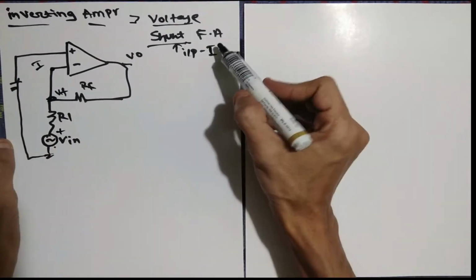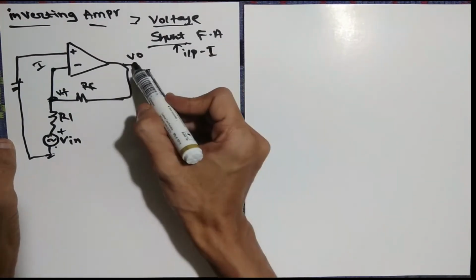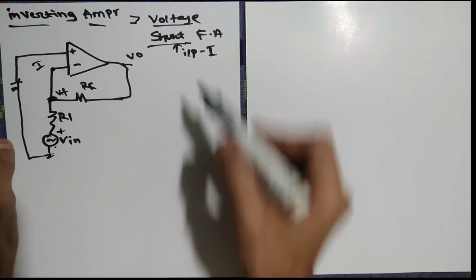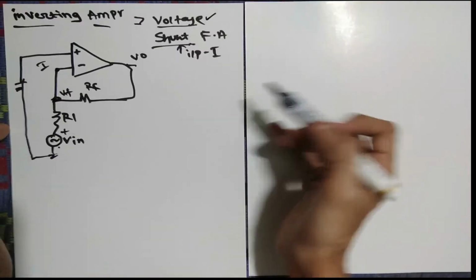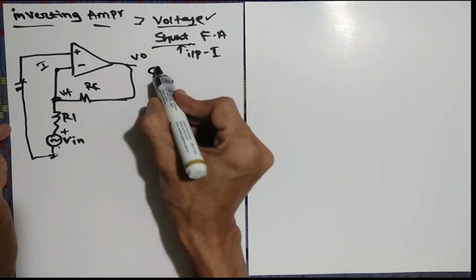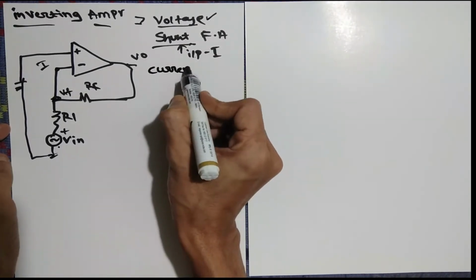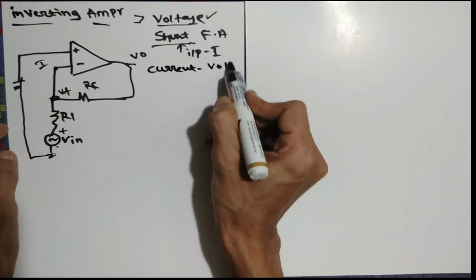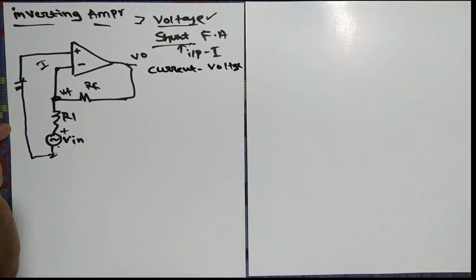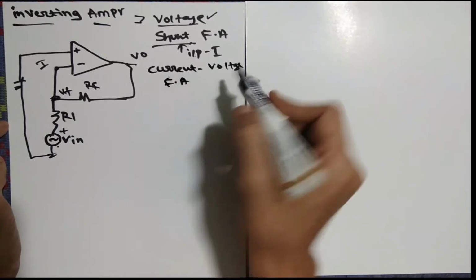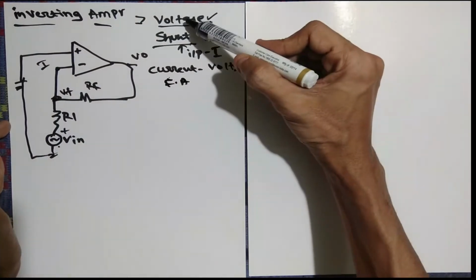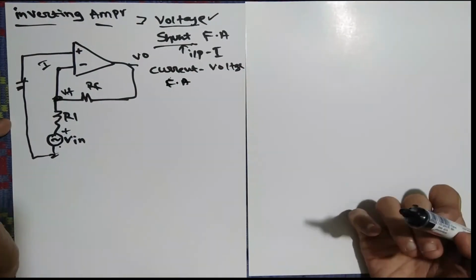Similarly, the output is V0, so it is voltage, so it is nothing but voltage shunt, or we can call it by another name, current voltage feedback network. The previous one was the voltage feedback network; here we are talking about the current voltage feedback network, or the voltage shunt feedback amplifier.